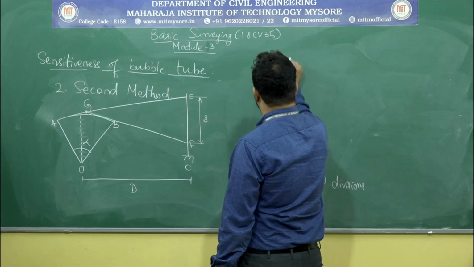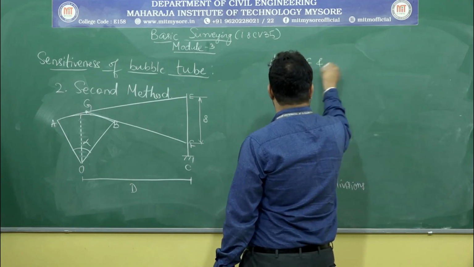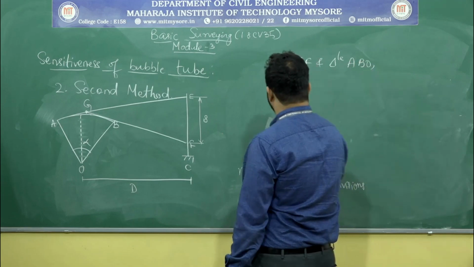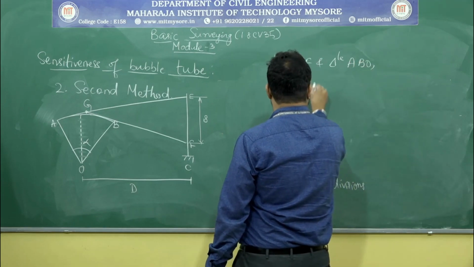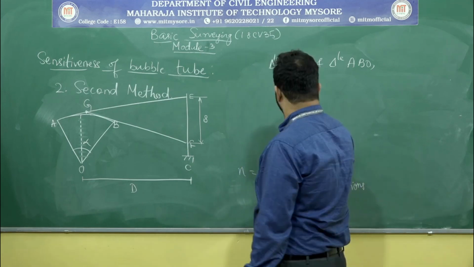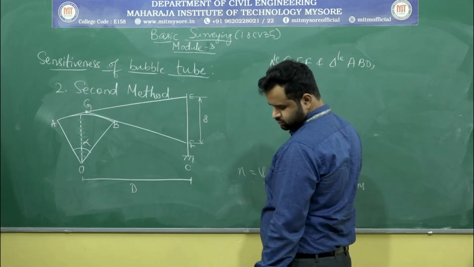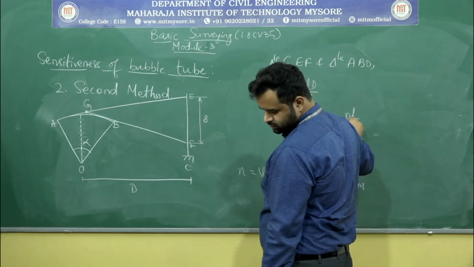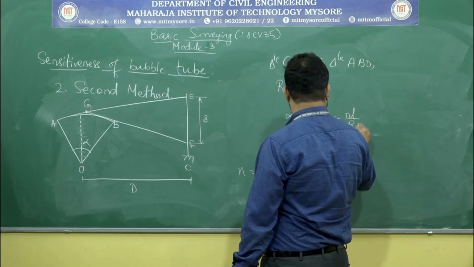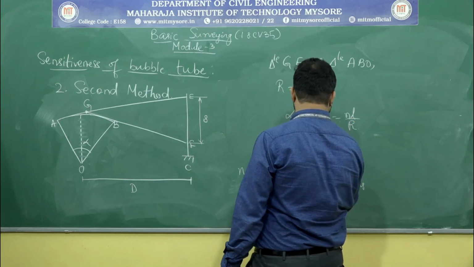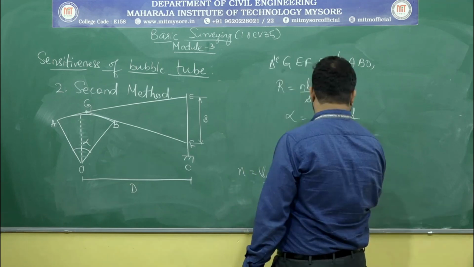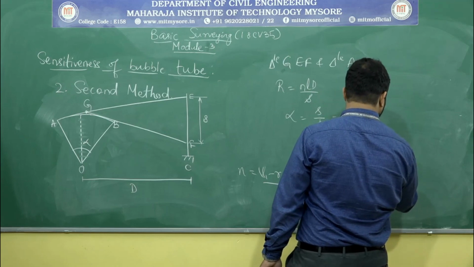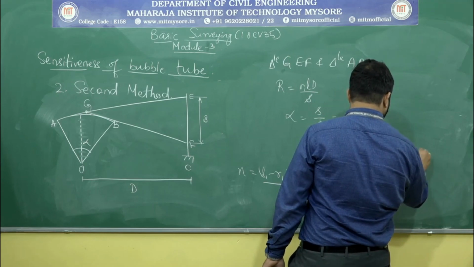From similar triangles GEF and ABO, we get R is equal to NLD by S, alpha is equal to S by D is equal to NL by R, and sensitivity is given by L by R radians, which is equal to S by ND sin 1 second.